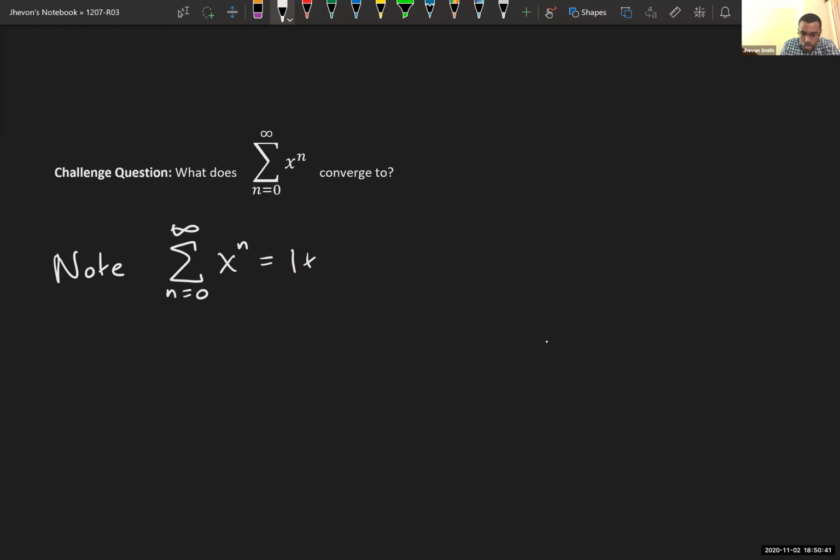That's the follow-up. So this is 1 plus x plus x squared plus x cubed plus and so on. If I were to ask you, what does that converge to, right? I know it converges, but it turns out we can determine what it converges to.